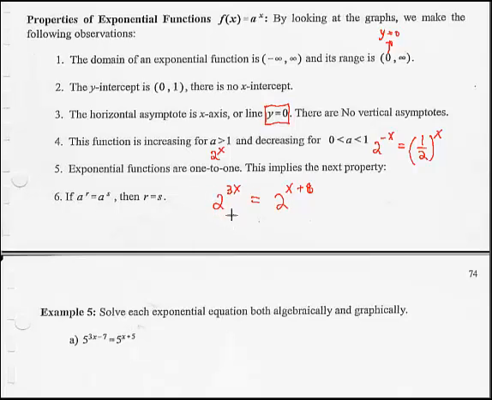I could drop the bases, and with it written this way, 3x and x plus 8 are written as exponents. But when I drop the 2's, with the bases equal, I can bring the 3x down and set that equal to the other exponent. In other words, the exponents are equal if the bases are the same. And we're dealing with an equation of this form. Then I can write out this and solve for x. So pretty handy property. And again, that's because the exponential function is 1-to-1. It passes the horizontal line test.